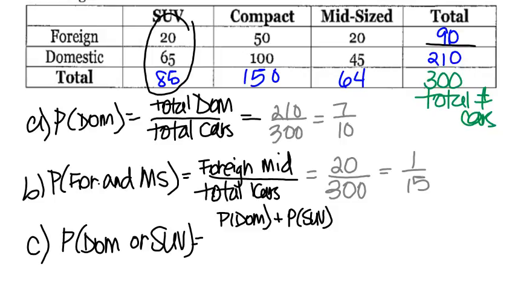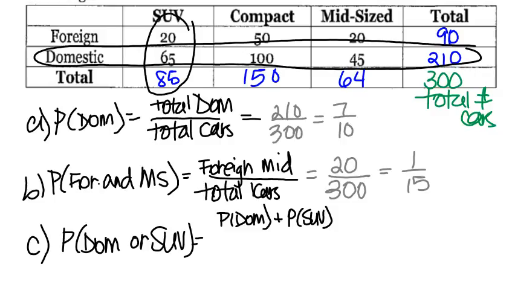There's our SUVs, and our domestics. There they are. And what happens right here? They overlap. So we have to subtract that away to keep everything even, so that none of our cars are getting counted twice. So we have to subtract the domestic SUVs. So don't forget that part.